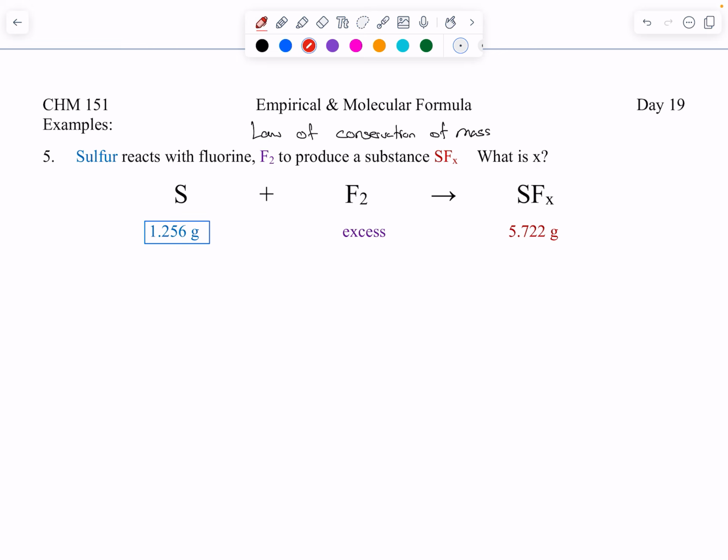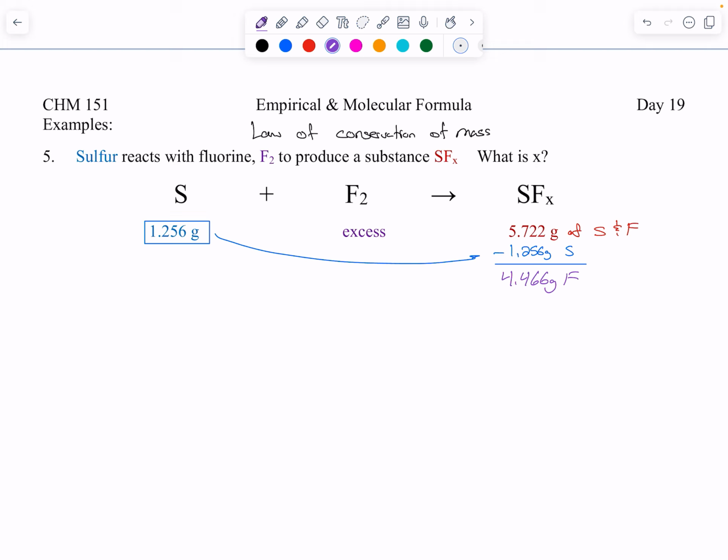In red, this is grams of sulfur and fluorine. I can take this over and subtract out the 1.256 grams of sulfur, and that is going to give me, if I do the math, 4.466. Because that's what we have by the law of conservation of mass.